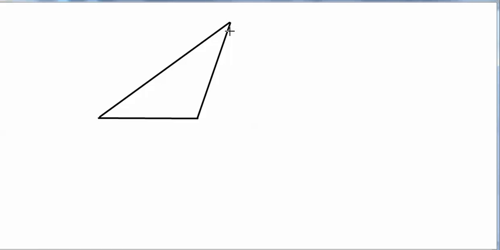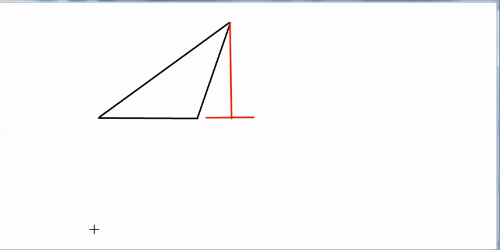All right. From a vertex. Now, if I go to this side, am I going to intersect at 90? What about now? Look, it's got to happen out here. An altitude goes from a vertex to the opposite side and intersects at 90. The other side can be extended.